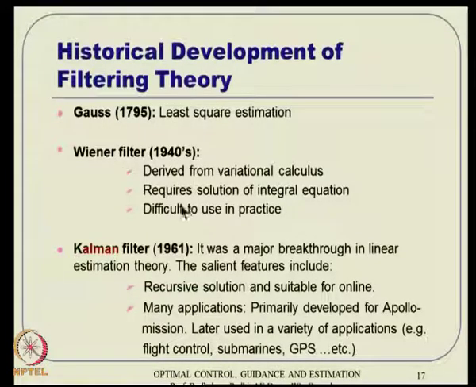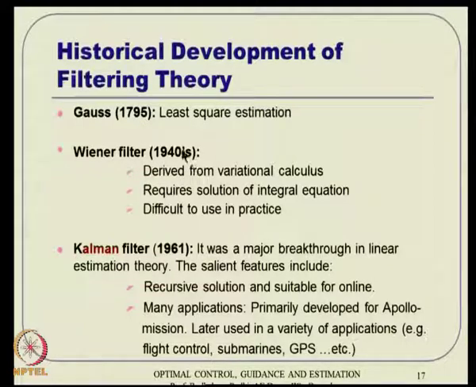Now, if you see the history, it goes all the way back to 1795, when Gauss first proposed least square estimation. And then for a long time nothing happened. People used Gauss least square estimation, even now it is being used, especially for static optimization ideas.